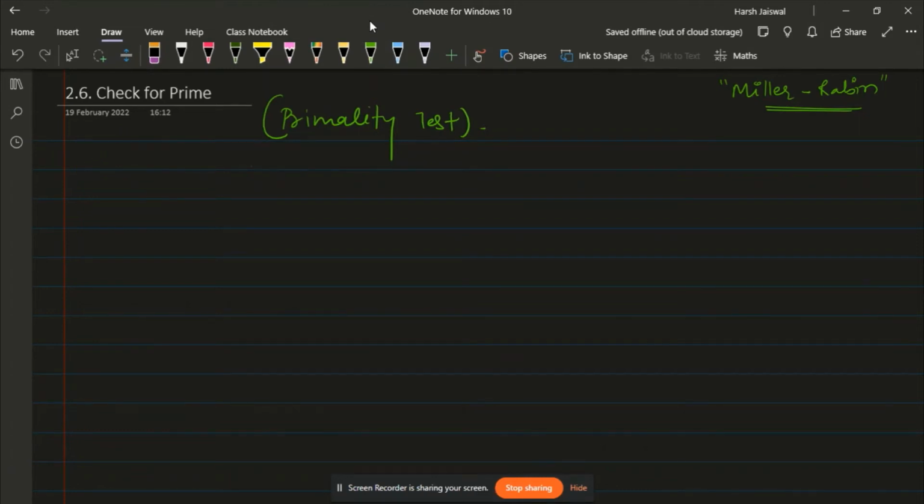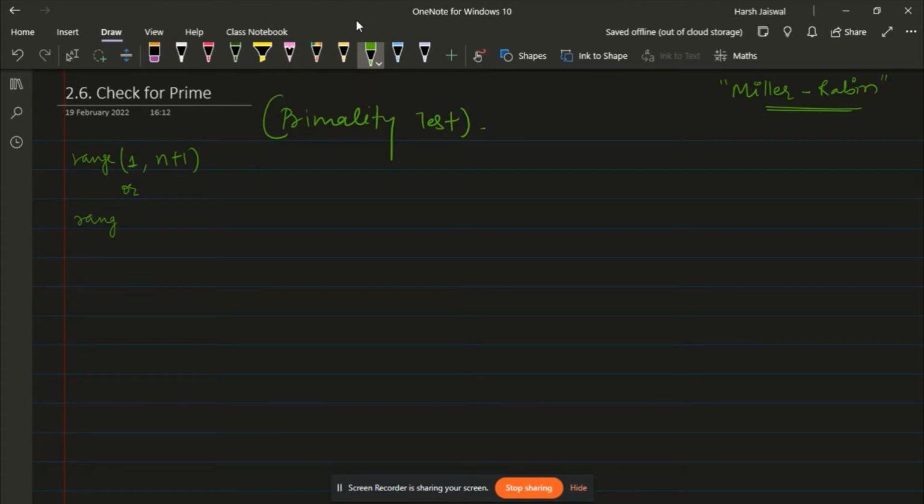So what we can have is a very basic and naive algorithm for checking whether the given number is prime or not. That is going through the numbers from 1 to that number itself. So we are going to go from 1 to n plus 1, using for i in range. The range is going to be 1 to n plus 1, and we know that 1 is always going to be there and n is also going to be there in our factors.